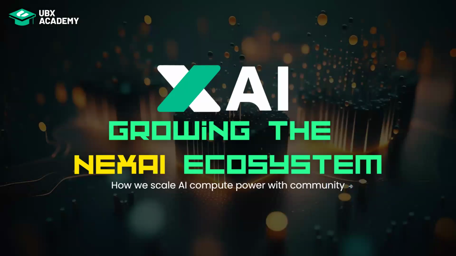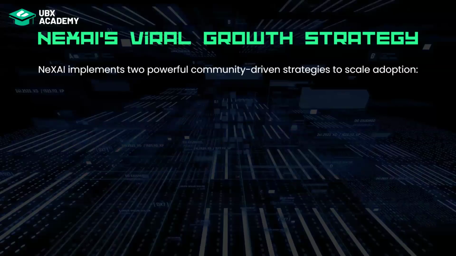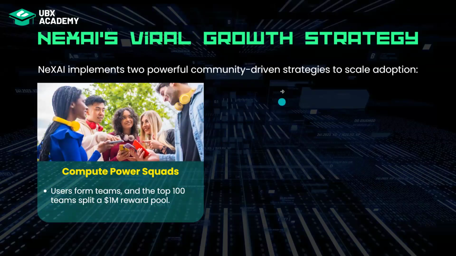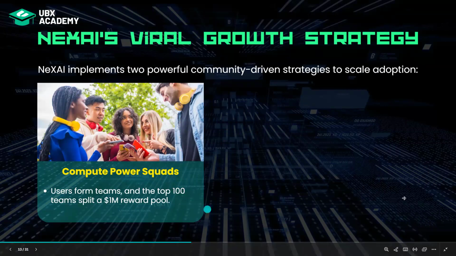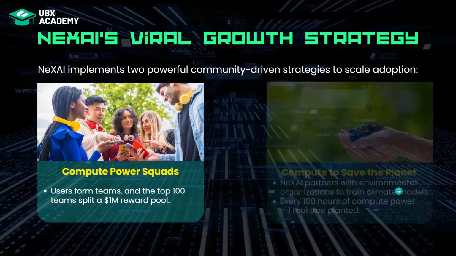So, growing the next AI ecosystem. NeXAI actually implements two powerful community-driven strategies to scale adoption. One is the compute power squad. Users can form teams, and the top 100 teams split a 1 million reward pool, to encourage more of the community to join and contribute their compute power from their idle devices.